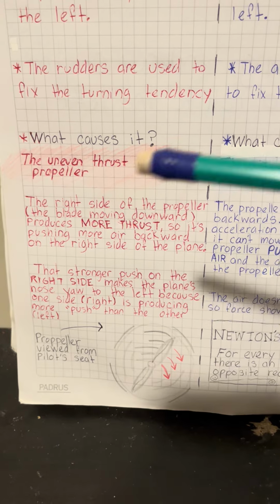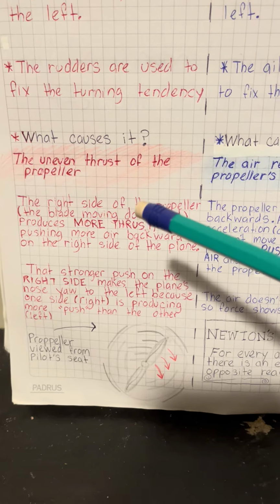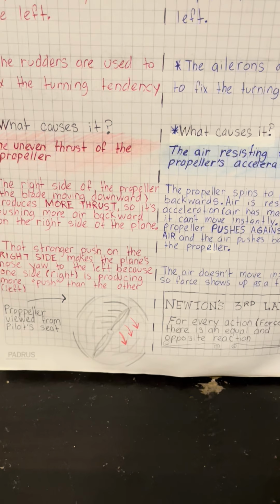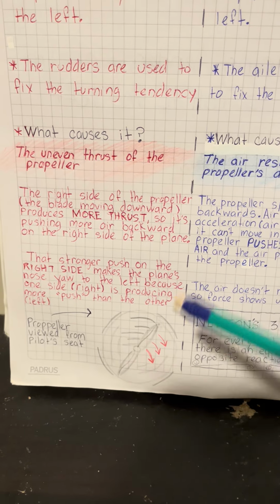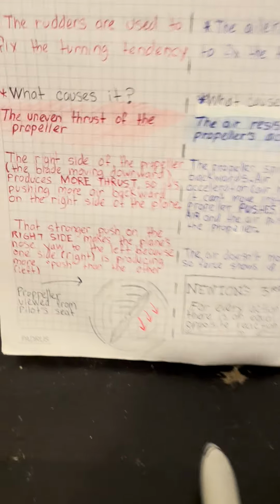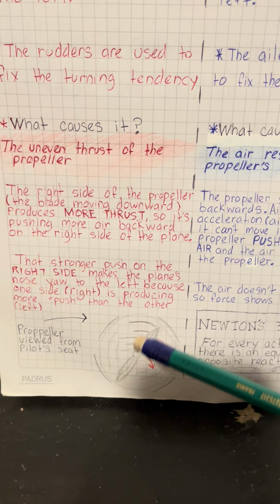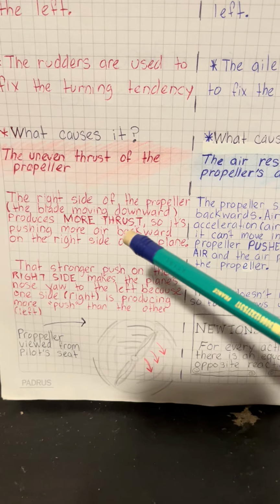So now that we read the explanation, let's summarize this. The uneven thrust of the propeller. We know that in order for our airplane to move forward, we need thrust, right? So that's why the propeller is spinning, and we're going to be moving forward. What this is telling us is that the right side, in this case this half, is producing more thrust.